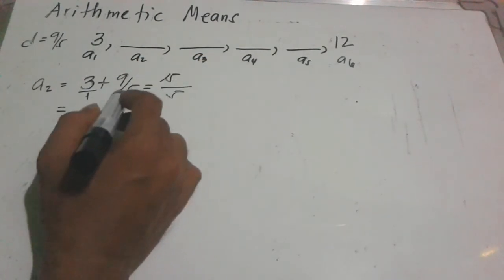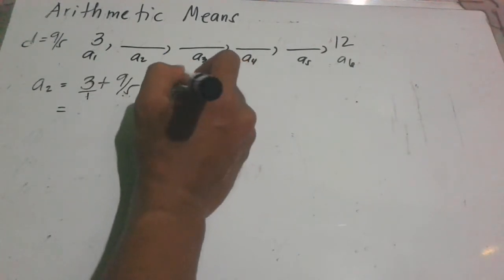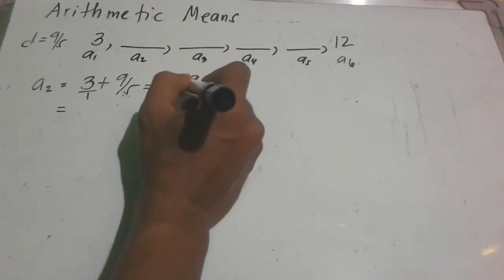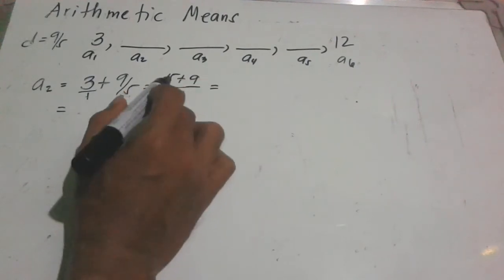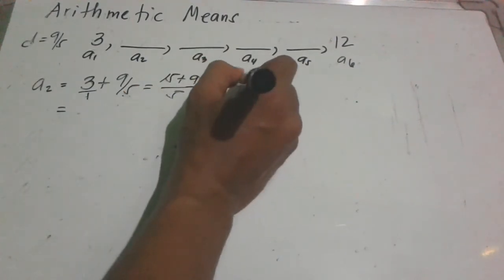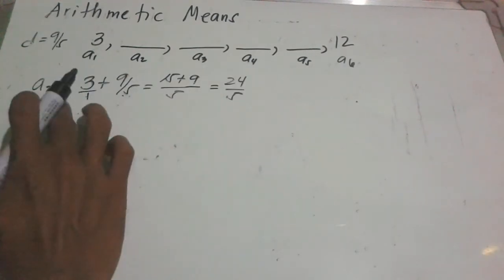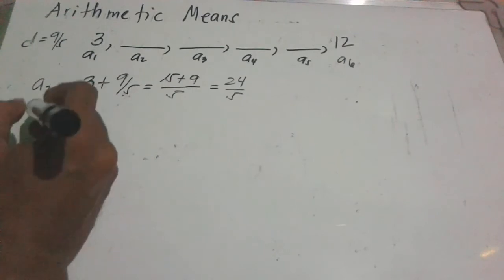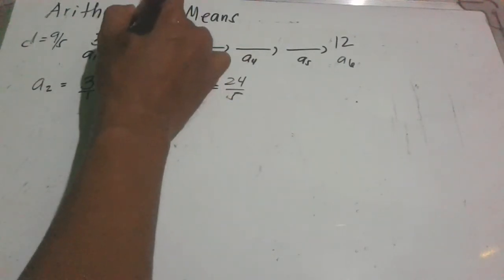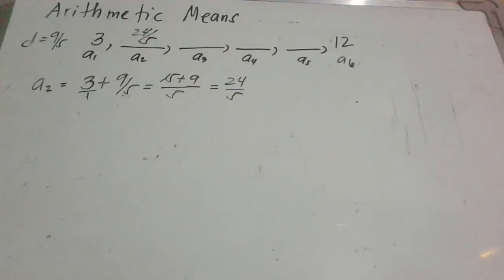Next, 5 divided by 5 is 1 times 9, 9. Next, 15 plus 9 is 24, then over 5. So our a sub 2 is 24 over 5.